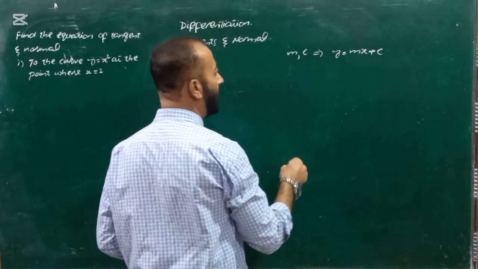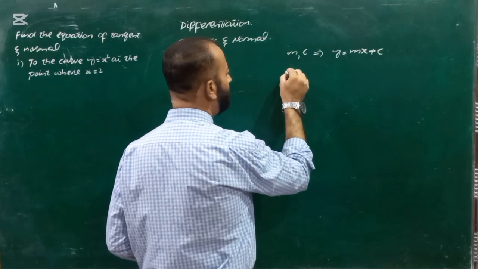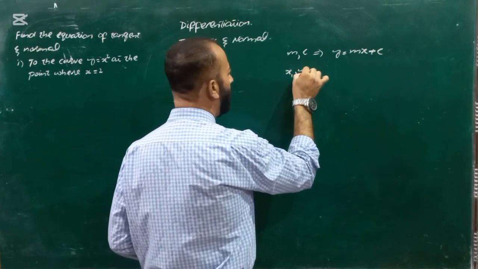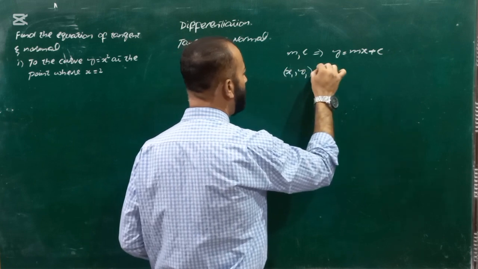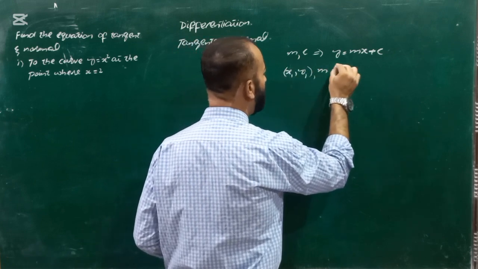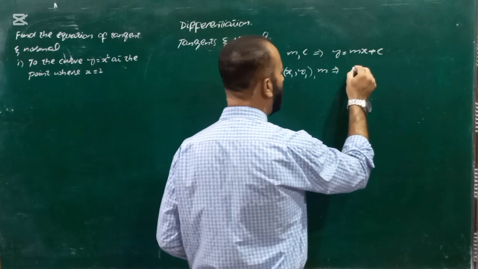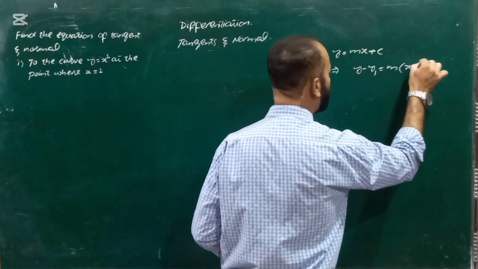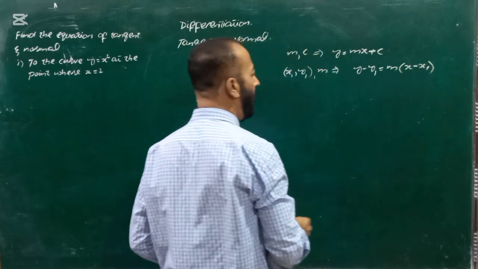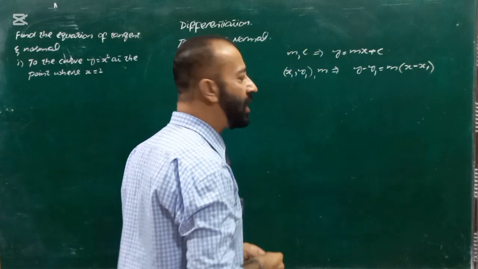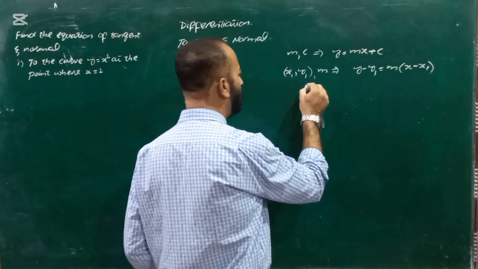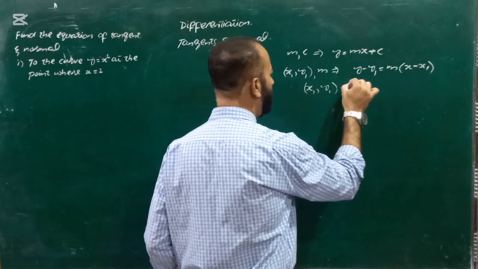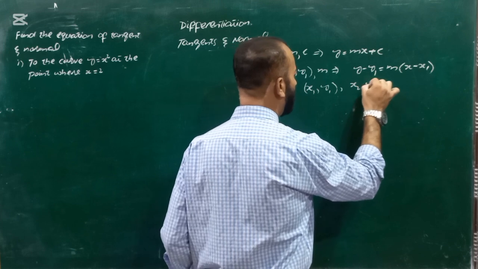The second case is, in case we are having one point and the gradient. With the help of these values, we will use y minus y1 is equal to m into x minus x1. And the third case in coordinate geometry was, if we are having two points, x1 y1 and x2 y2.